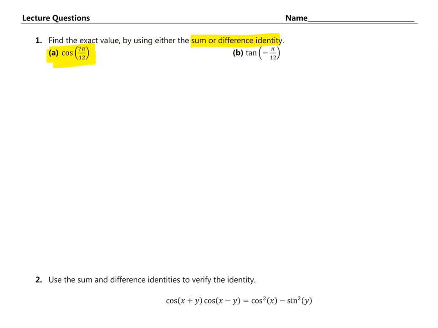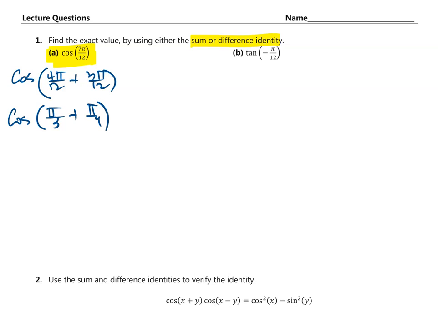So for letter A, we can rewrite this as cosine of 7 pi over 12. That is 7 is 4 plus 3, so 4 pi over 12 plus 3 pi over 12, and 4 pi over 12 is pi over 3 plus pi over 4.